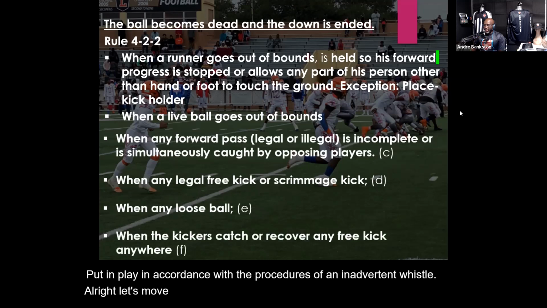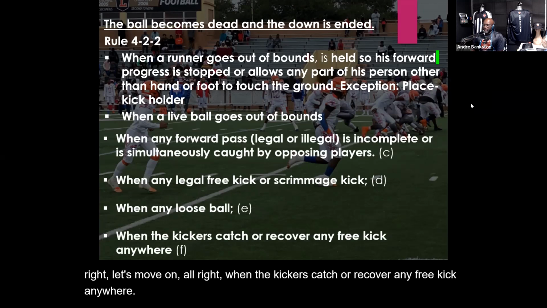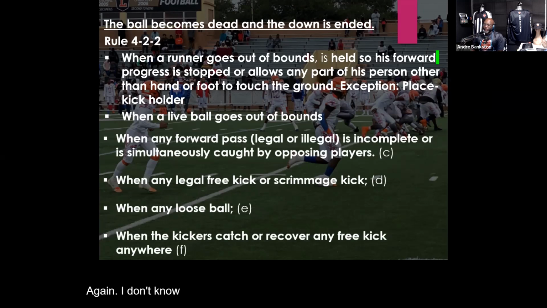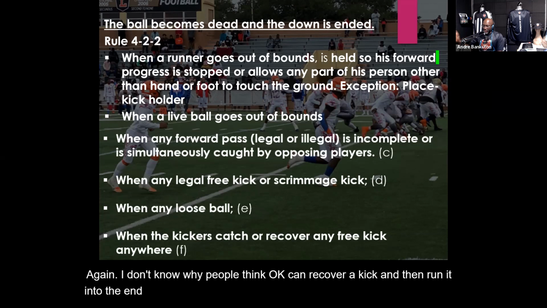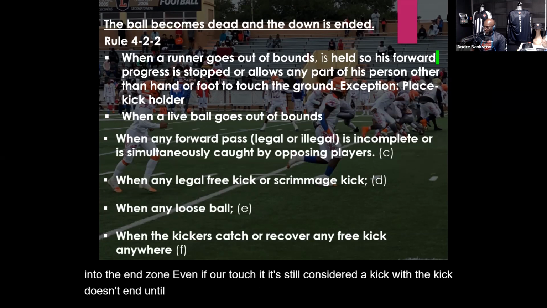All right, when the kickers catch or recover any free kick anywhere. Again, I don't know why people think K can recover a kick and then run it into their end zone. Even if R touches it, it's still considered a kick because the kick doesn't end until it's possessed or dead by rule.